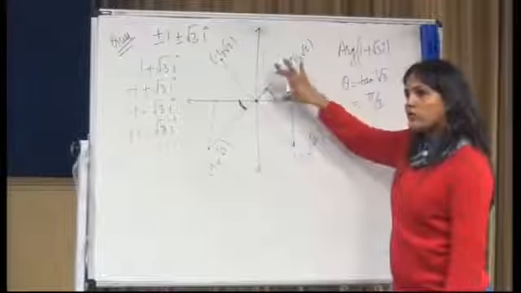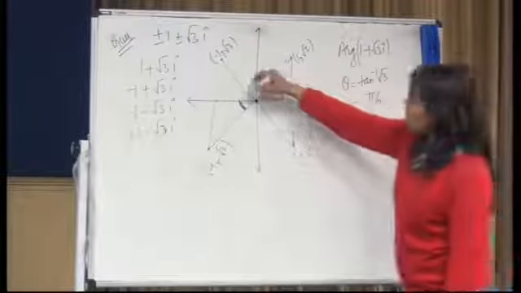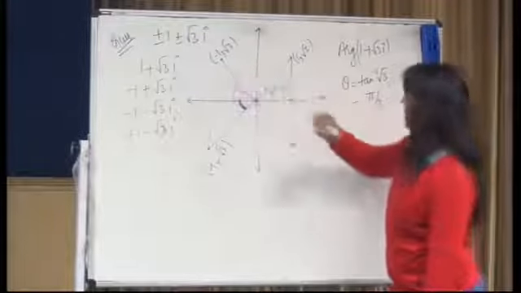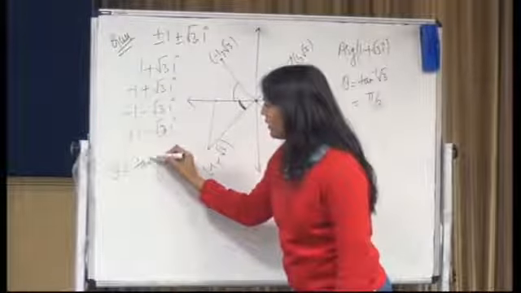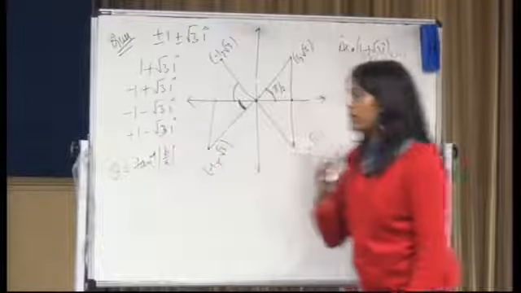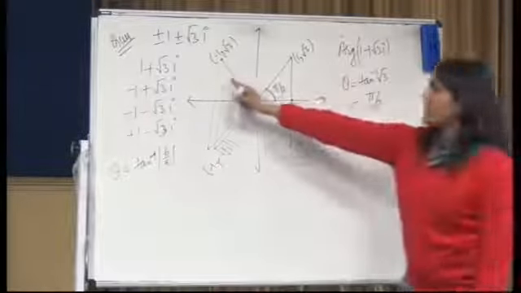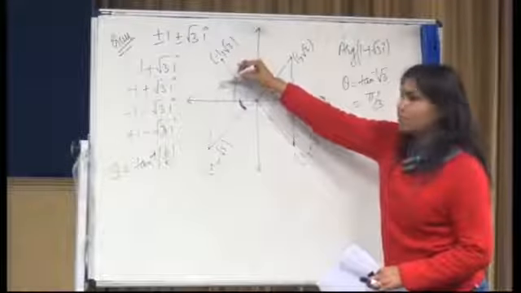So argument of this point is pi by 3. Fine, there is no problem at all. But now come to this. Actually, where I wrote the formula, did I write mod also? I have written mod, na? Then fine. So now come to this point. Angle will be again same. How much? Pi by 3.